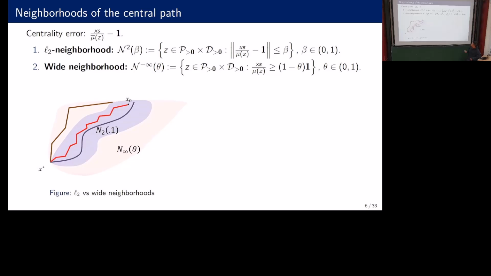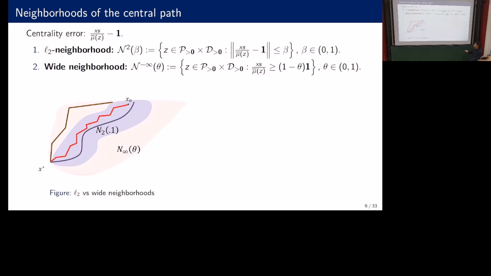The L2 neighborhood, also known as the narrow neighborhood, consists of all the points such that the centrality error is L2 bounded by this neighborhood parameter beta. It is called a narrow neighborhood because the bound is L2, which imposes a two-sided constraint on the centrality error. Whereas the wide neighborhood is significantly larger, as it only has an L infinity bound, which is also a one-sided bound on the centrality error. It only requires that the centrality error is lower bounded by 1 minus theta times the all-ones vector, where theta is the neighborhood parameter.